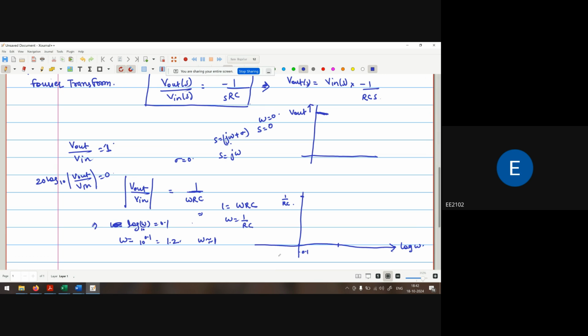If I put the value of omega equal to 1 upon RC, it will cut this line. So if I meet this one, this is my goal.